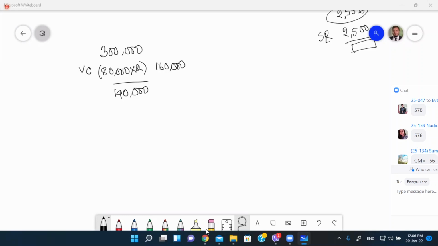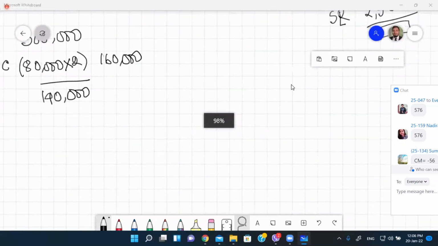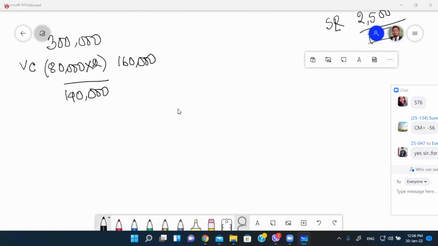Someone has written CM is equal to minus 576. What does it mean? Is it for a previous problem? Yeah, I got it. It is for how much negative profit the job is yielding. You see, we are estimating the fixed portion of the manufacturing overhead, and it is 140,000.